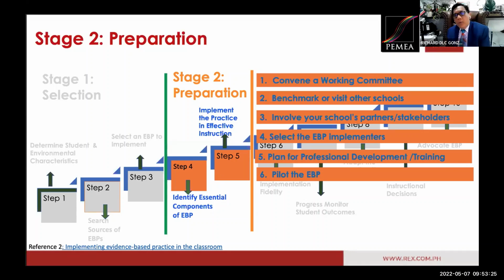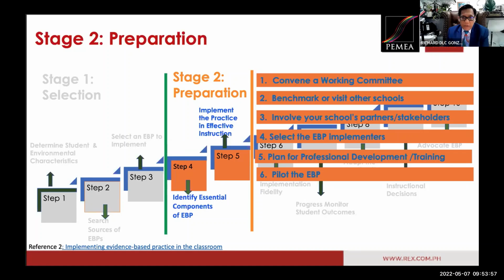And what are the key considerations for a successful pilot? One is to select a pilot group that is representative of the school or grade level. Second, choose a skilled implementer, a practice lead as we call it, and provide them with adequate professional development and ongoing support during the implementation.